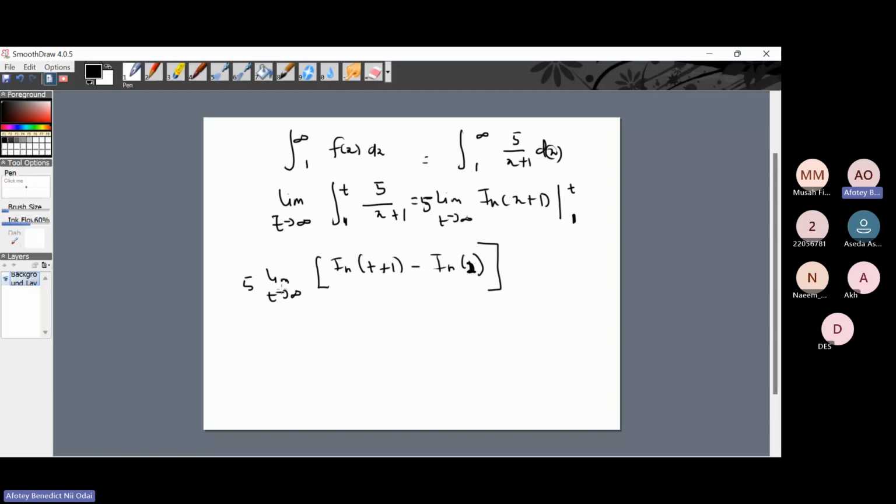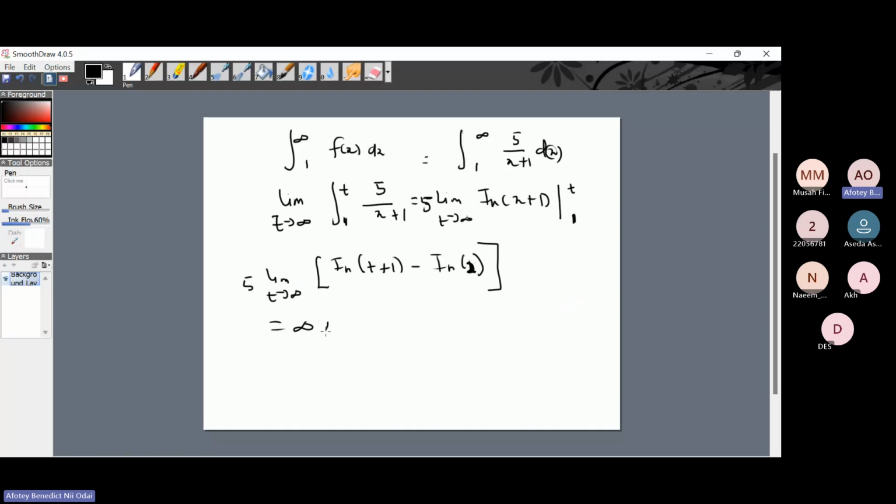So we can see that if you put in infinity, this will give you infinity. And sometimes it's safer if you don't write things like 0 times infinity, because some of them are not correct. So from this, you can conclude that this is equal to infinity.